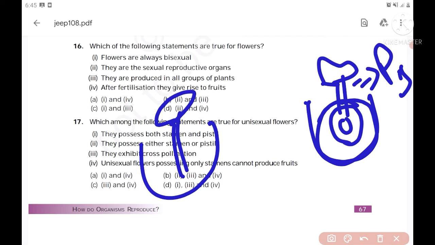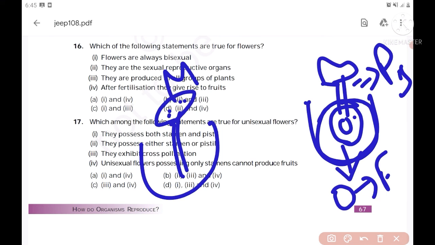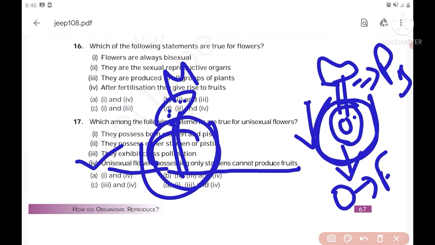Now in the anther you have the pollen grain, that is the male gamete, and in the pistil you have the ovule, which is the female gamete, right? So which can produce fruit? Obviously a flower which has a pistil. So what does the statement say? A unisexual flower possessing only stamens cannot produce fruits. True, right? They cannot produce fruits. Only the flower which contains pistil can.